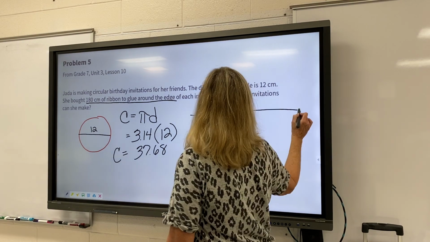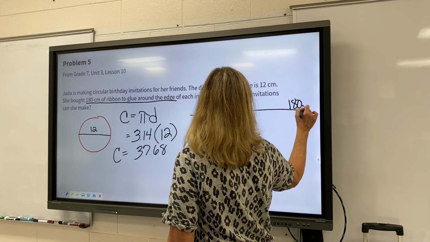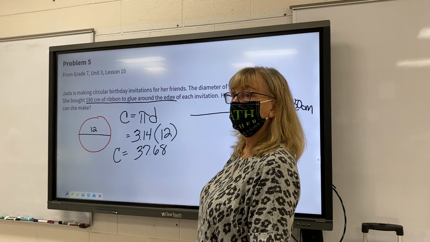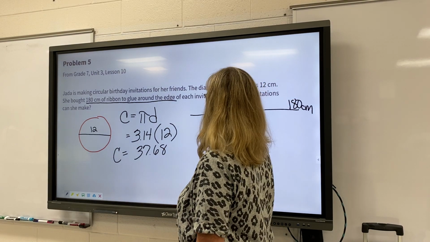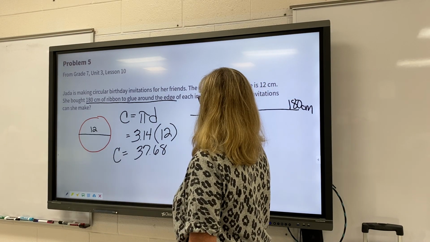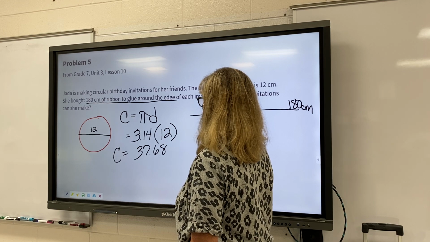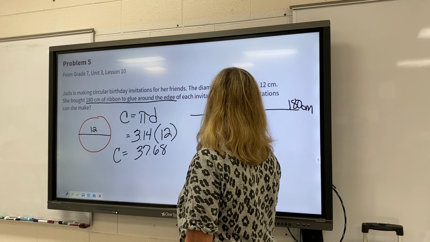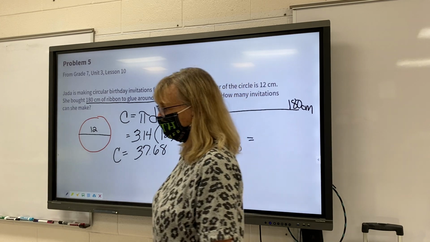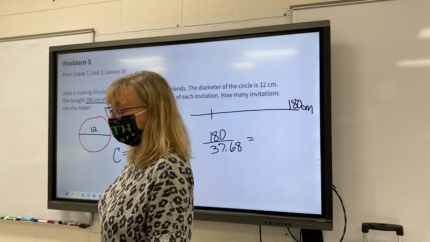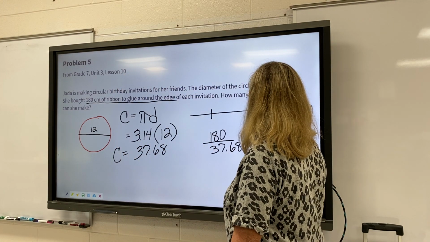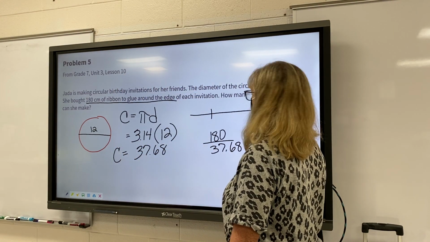Well, I have 180 centimeters of ribbon. So what am I going to do with it? So I'm going to take 180 and divide it by 37.68, and that's going to give me 4.77707. Okay, so we could call that 4.8.